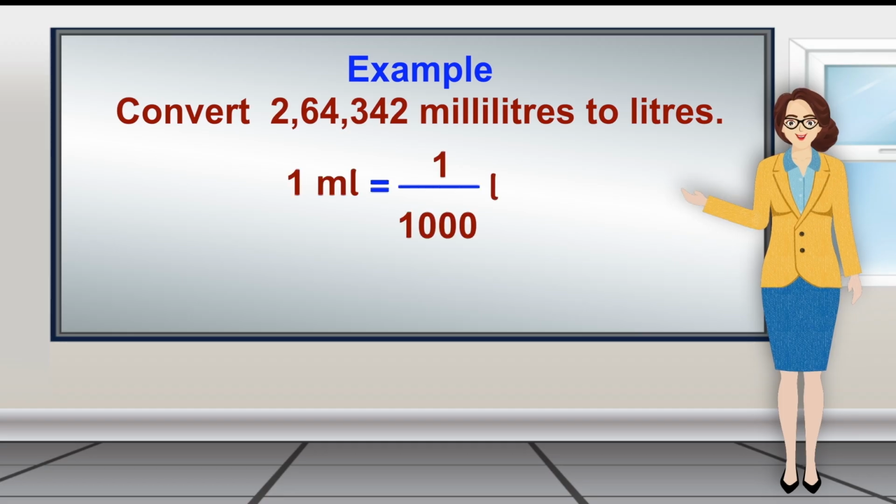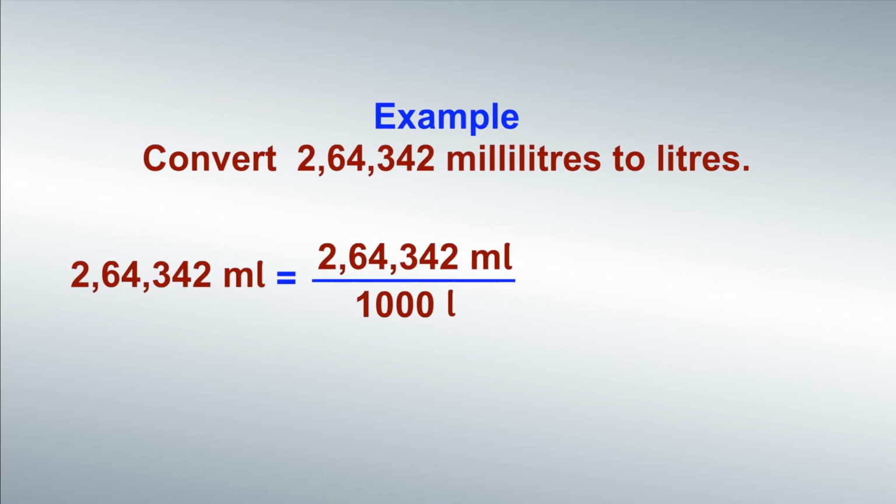As we know, 1 milliliter is equal to 1 by 1000 liters. So, 2,64,342 milliliters divided by 1000 is equal to 264 liters and 342 milliliters.